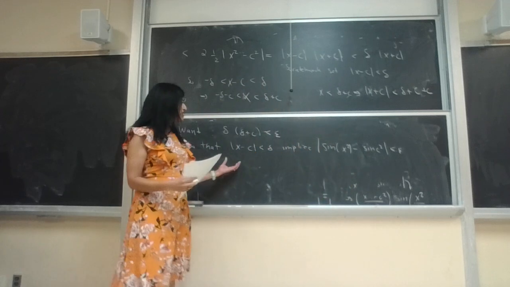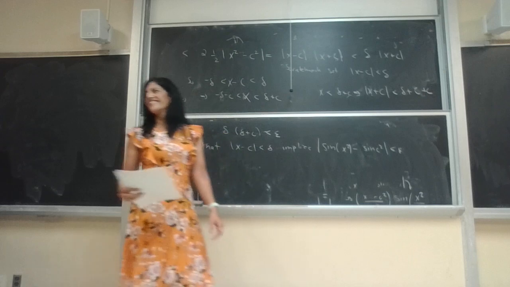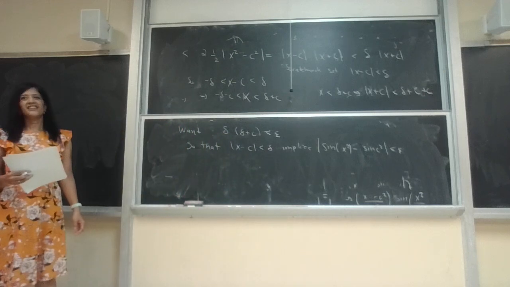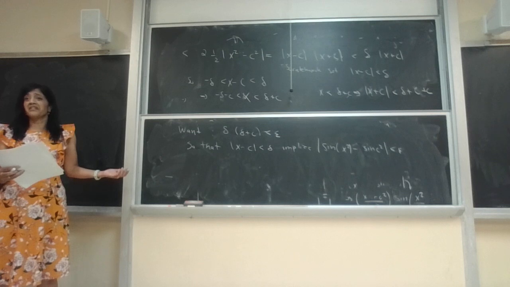I want to start here with x minus c less than delta and end up there. That's what I want. So I guess this is pre-calc, quadratic formula to solve for my delta.